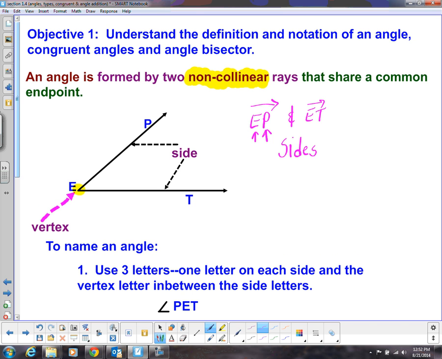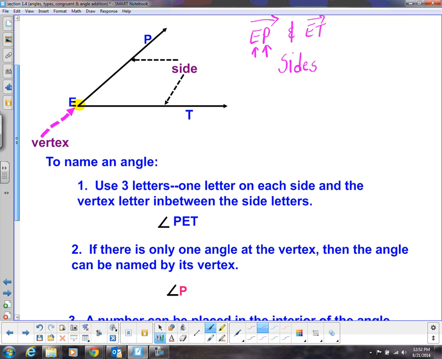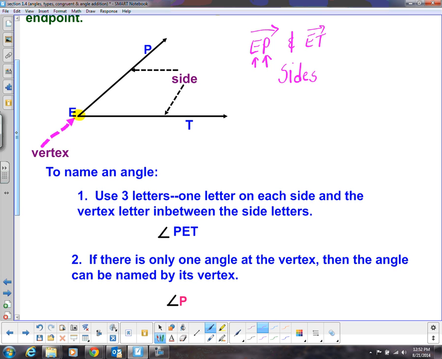All right, so to name an angle, there are several ways. You can use 3 letters, where you use 1 letter on each side and the vertex letter in between the side letters. So angle PET refers to this angle. It's the same thing as angle TEP.